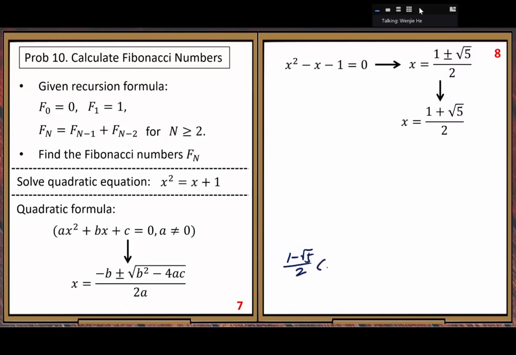It's a negative number, but x equals A over B must be positive, so it cannot be negative. So we have two possible values, but the negative one does not make sense in our story, so we drop it. We keep the positive value, 1 plus root 5 over 2.